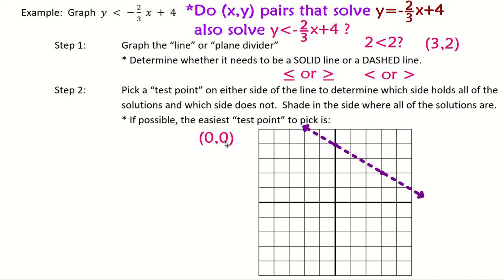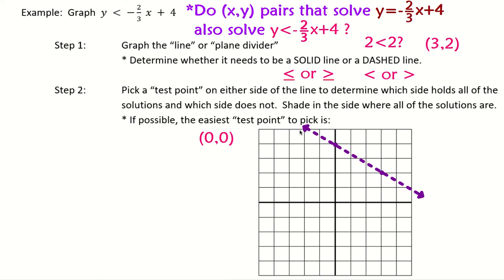So you could plug 0 in for x and y and see if it makes it a true statement. And if it does make it a true statement, bingo, that's where all your solutions live. But if it doesn't make it true, then it must be the other side that has all the solutions.